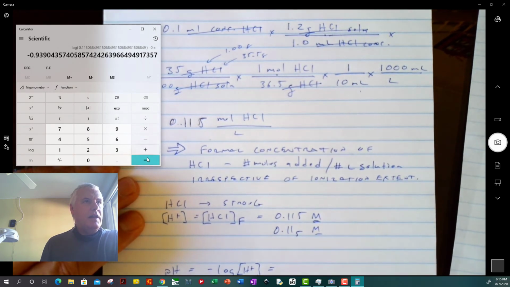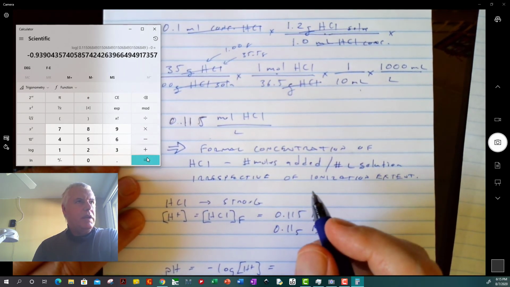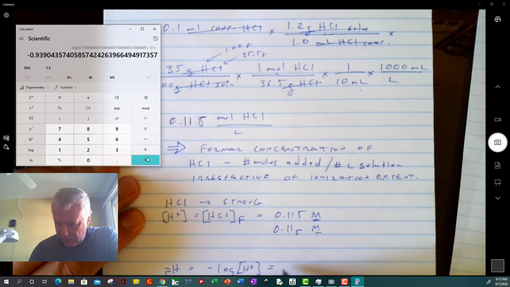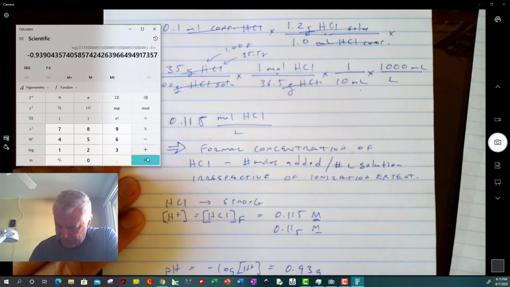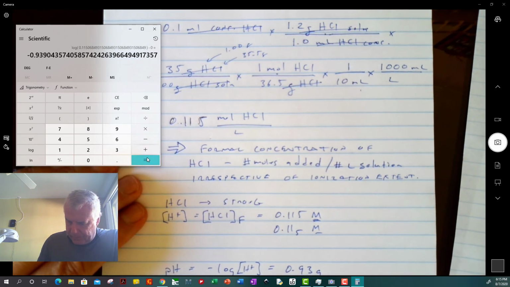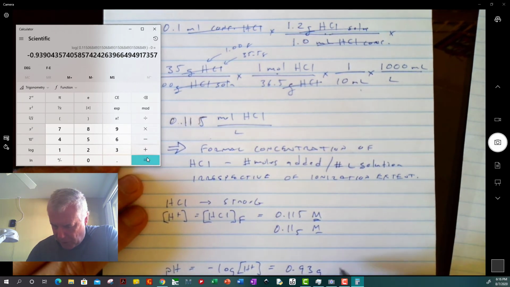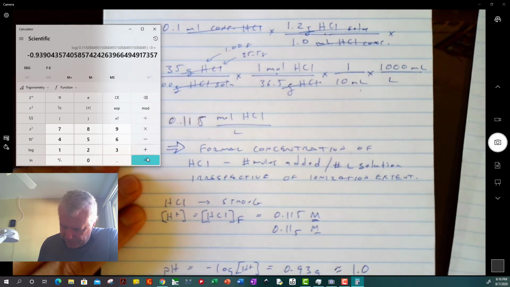The log of that times -1 is equal to 0.939, right? So it's approximately a pH of 1.0.